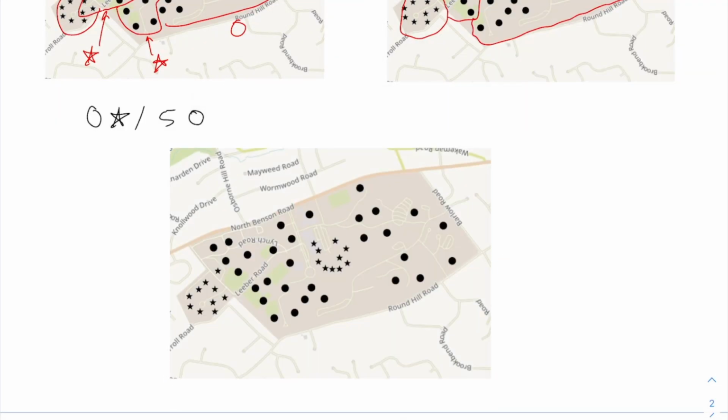Here I have to crack up all the stars. That means my strategy will be to make all my districts so that they have 4 stars and 6 circles. And hopefully this will all work out. So taking 4 stars and 6 circles, maybe I'll take these 4 right here, plus 6 circles would be like that.